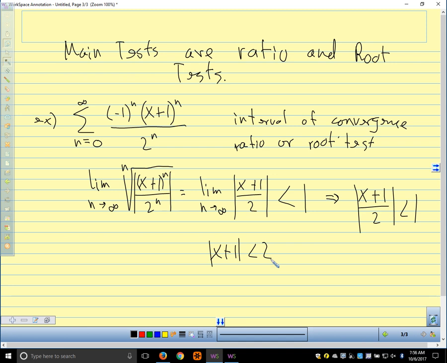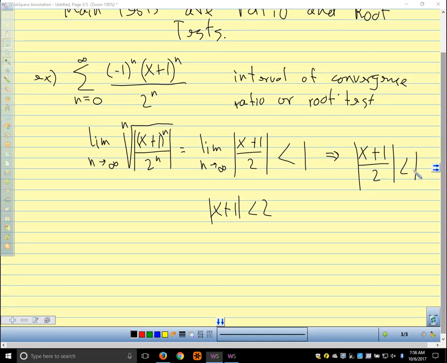Shouldn't we have gotten rid of the absolute value bars first and set it up so it's -1 less than x plus 1 over 2 less than 1? You can do it either way, because then we get -2 less than x plus 1 less than 2.